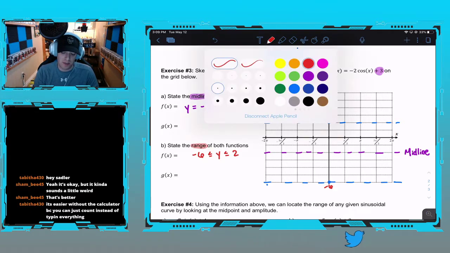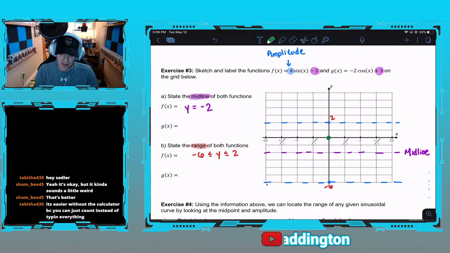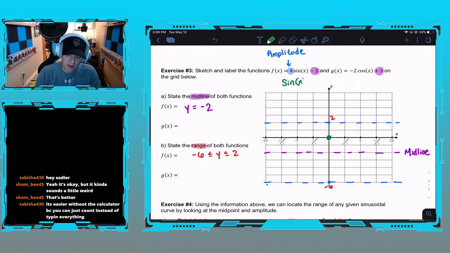So I'm going to draw something, but I'm going to erase it. I can't start it at 0 because if I'm starting there, it's not going to be in the middle of the graph. So what I should be saying is sine starts on the midline.